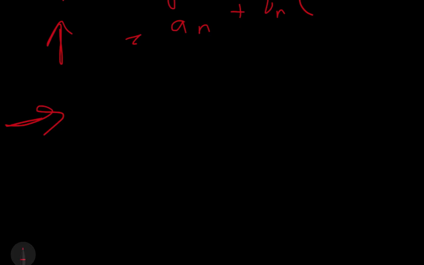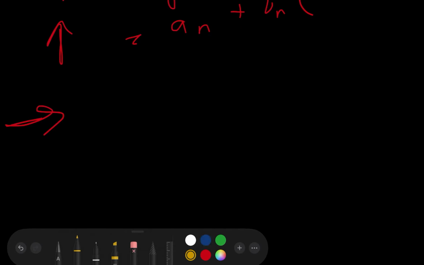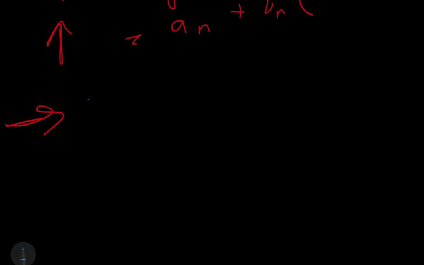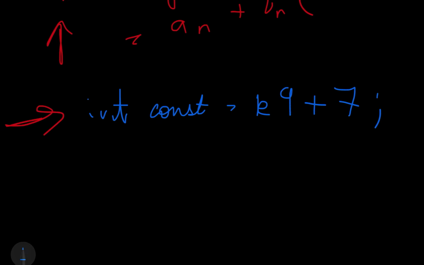Let's write it. First we'll take a constant value for our mod, 10 raised to power 9 plus 7. Then our number of ways will be a vector of long long, because it can be a very large number.